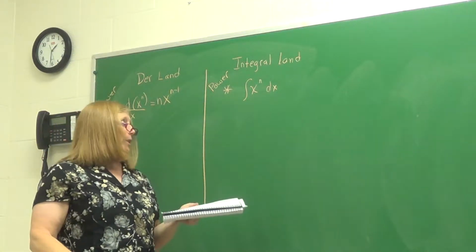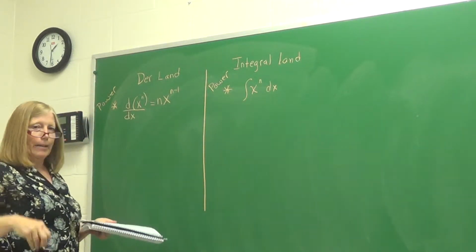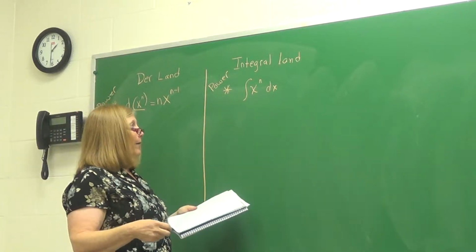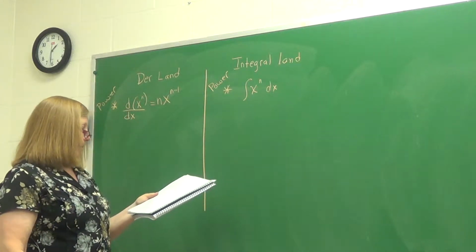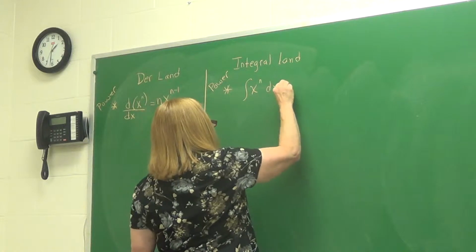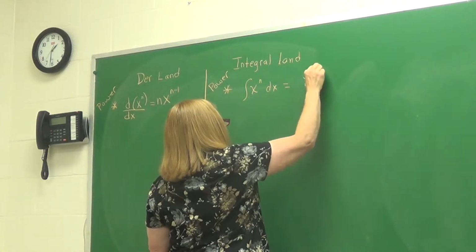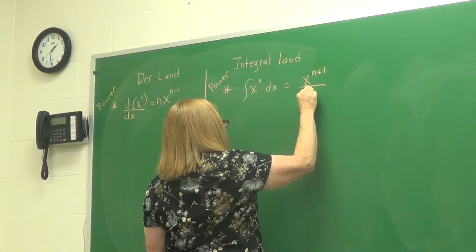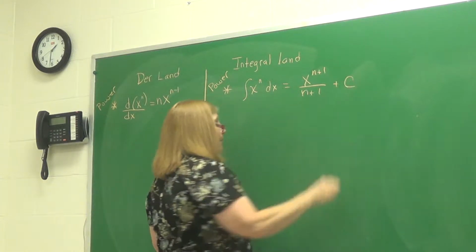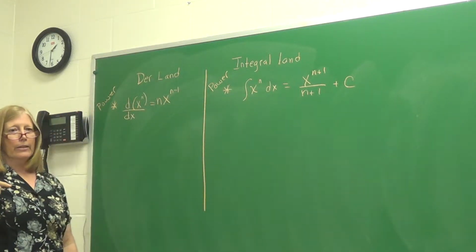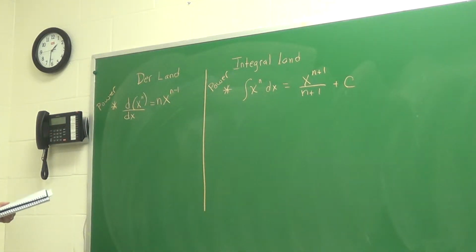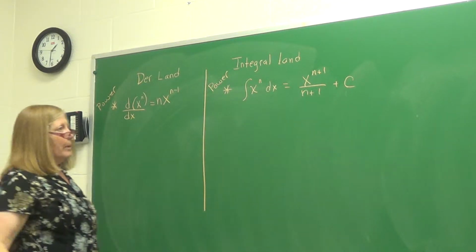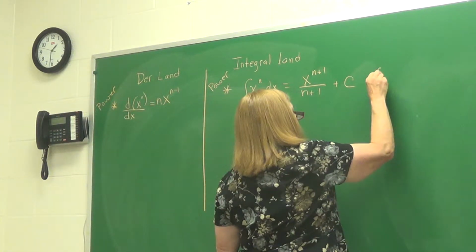So we're normally working in x, doesn't have to be, it can be dt or dr or whatever, but a lot of times it's going to be dx. So the integral is x to the n plus 1 over n plus 1 plus c. And we talked about that already on Wednesday, and we talked about why the c was there. Please note, n cannot equal 1.